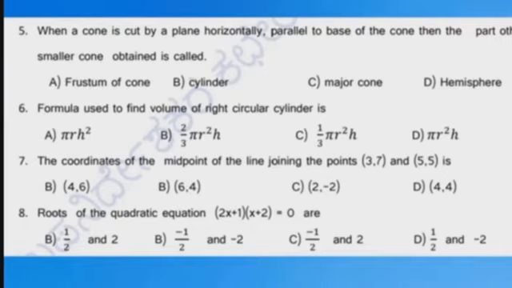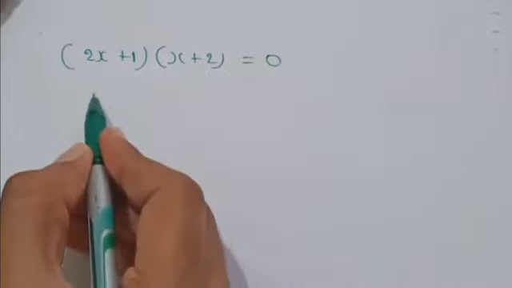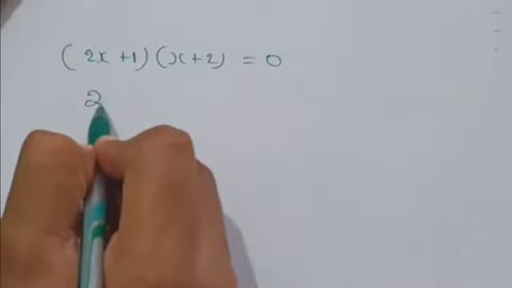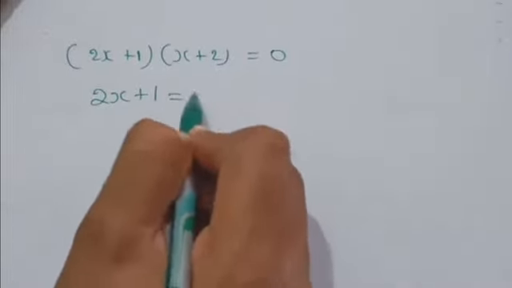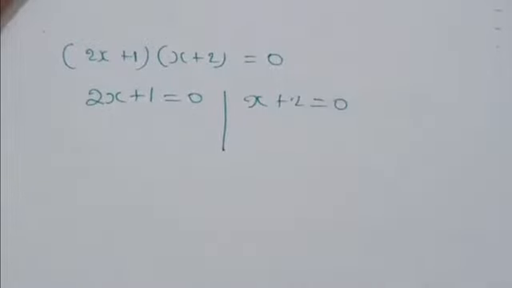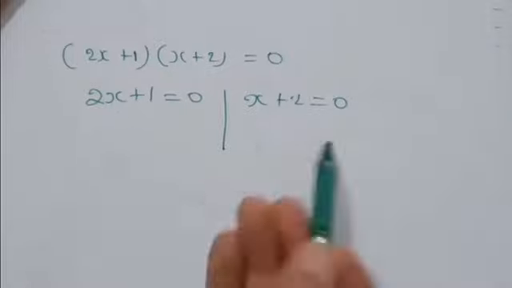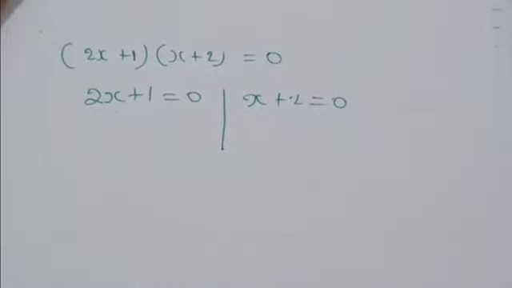Simple question, children. And how to solve or how to find the roots. Okay. So now I'll write the first one as 2x plus 1 equals to 0, and I'll call the second one as x plus 2 equals to 0. Now we need the roots, right? Nothing but you need the value of x, that is the meaning of that. So you need to find the roots.